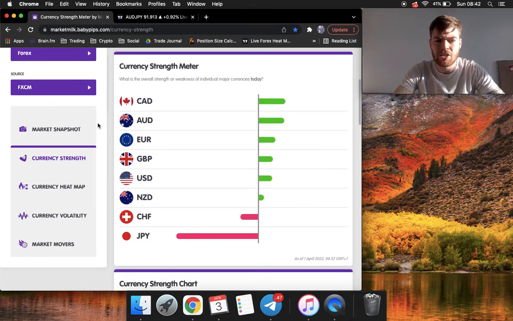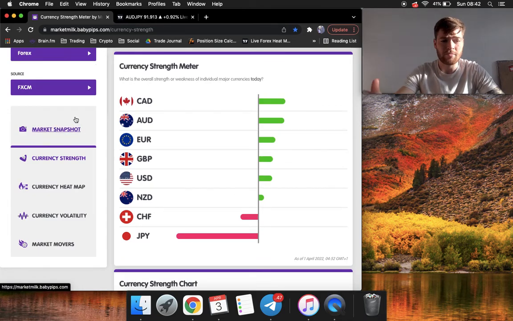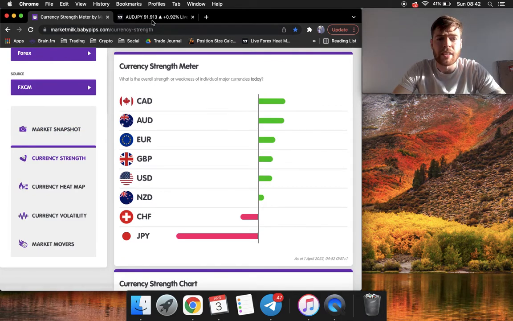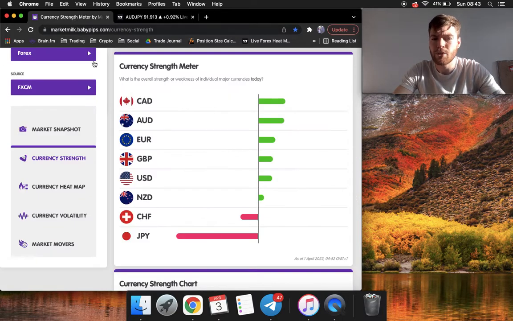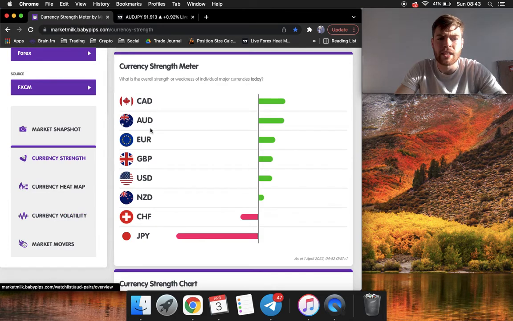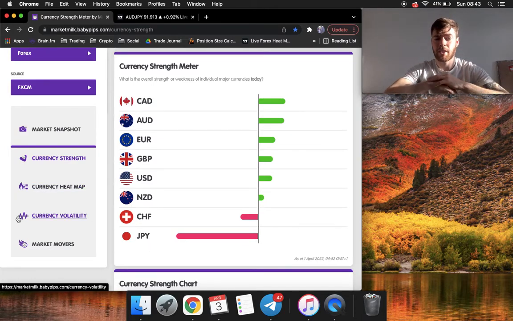As you can see here, I entered Aussie yen long, and on Friday you can see the Australian dollar was strong and the yen was weak. So understanding this, I took the pair long.